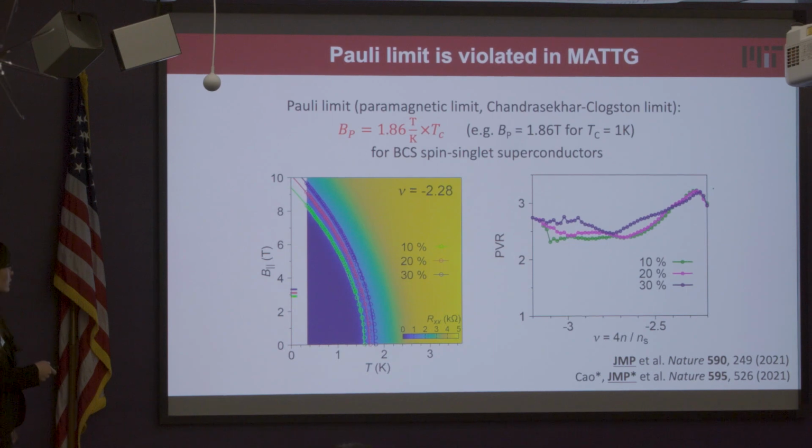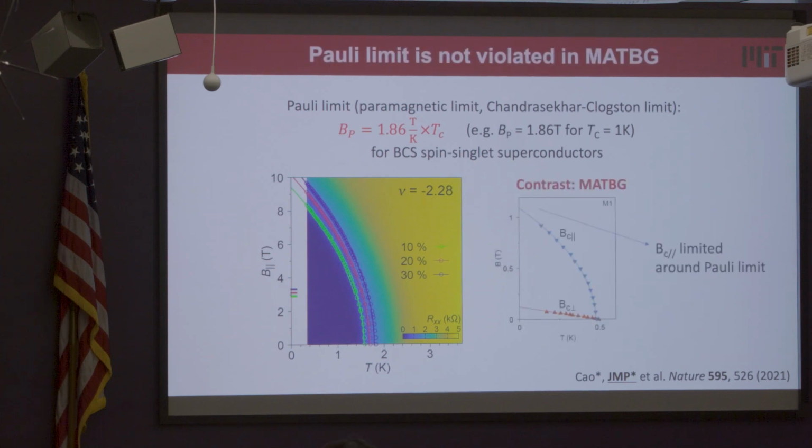But if that's the case, you should see some sort of dependence across your superconducting dome, because our coupling strength drastically changes across the dome, as we already saw in the Ginzburg-Landau coherence length plot. And this is interesting, especially when compared to magic angle twisted bilayer graphene, whose critical magnetic field was following the nominal Pauli limit pretty well.